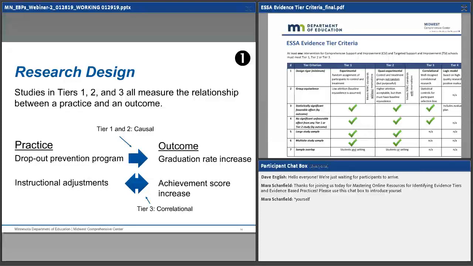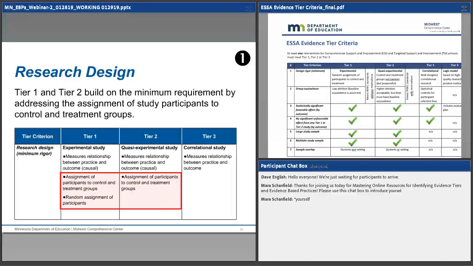So why can we say that tier 1 and tier 2 studies are causal? Well, the reason is that they build on the building blocks of a tier 3 study. Remember that the tier 3 study does measure a relationship between practice and outcome, but tier 1 and tier 2 studies both assign study participants to control and treatment groups, okay?